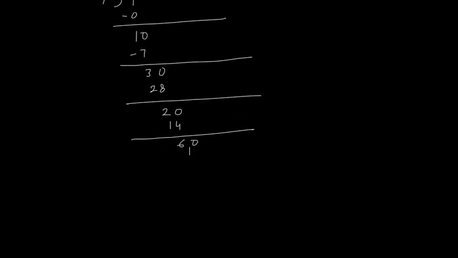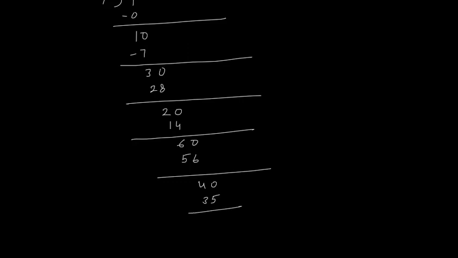Now 7 7s are 49, 7 8s are 56, so here I will write 8. Then again here I have 4, 40. 7 6s are 42, 7 5s are 35.